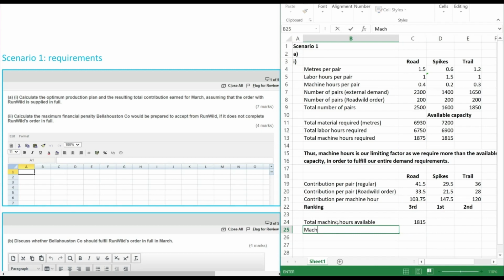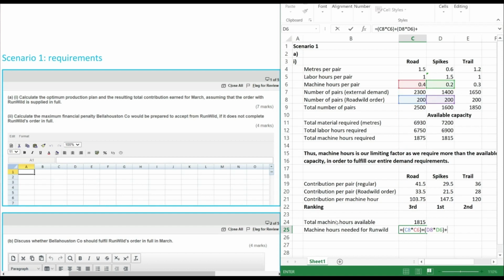Then we have machine hours needed for Run Wild. The machine hours needed for the Run Wild order are basically 200 pairs needed for the order multiplied by the number of machine hours per pair for each product. Since it's 200 for each, we could simply do 200 into 0.4 plus 0.3 plus 0.2. That's fine too.